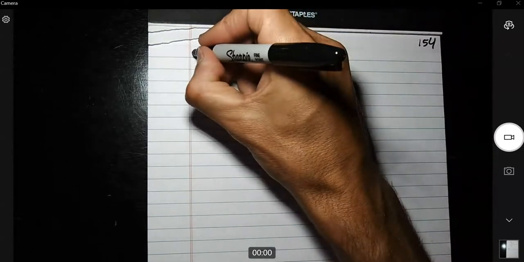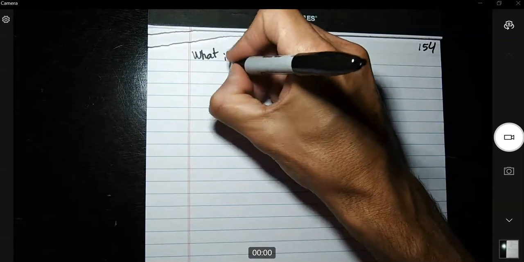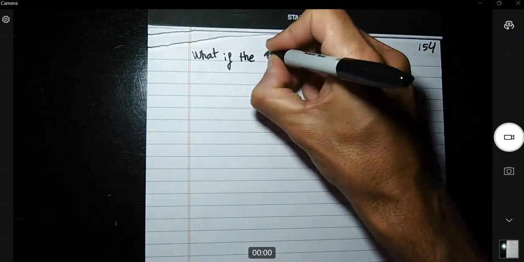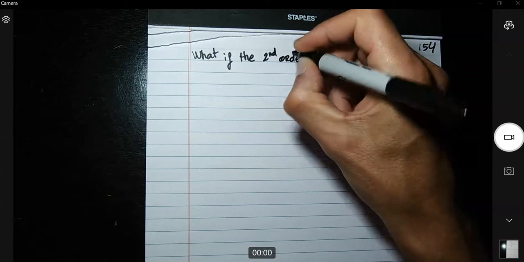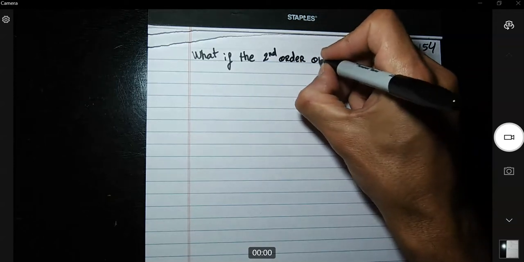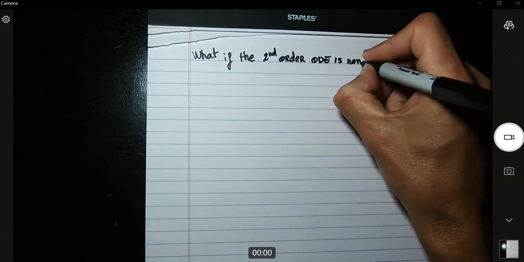So now, what if the second order ODE is non-homogeneous?